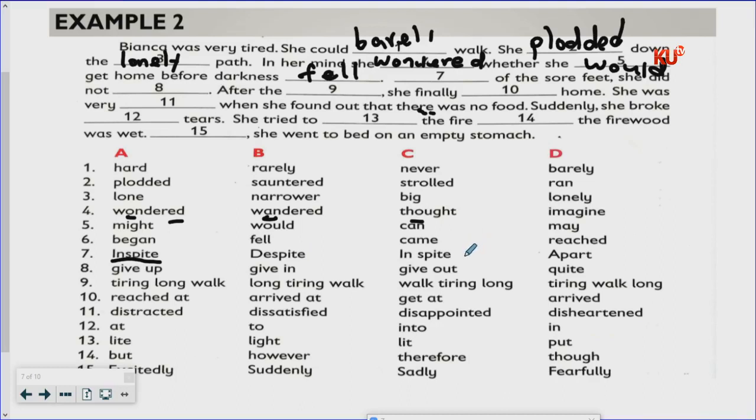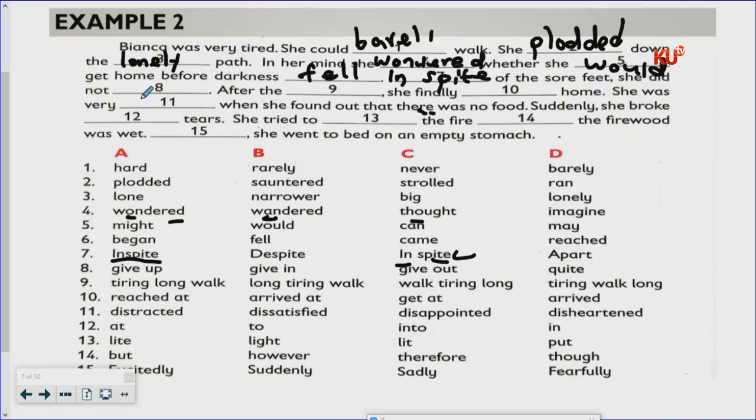A part of the, apart is not used with of, it is used with from. So the correct choice there is in spite, which is two words, in and spite. So question 7, we say in spite of the sore feet, she did not dash.